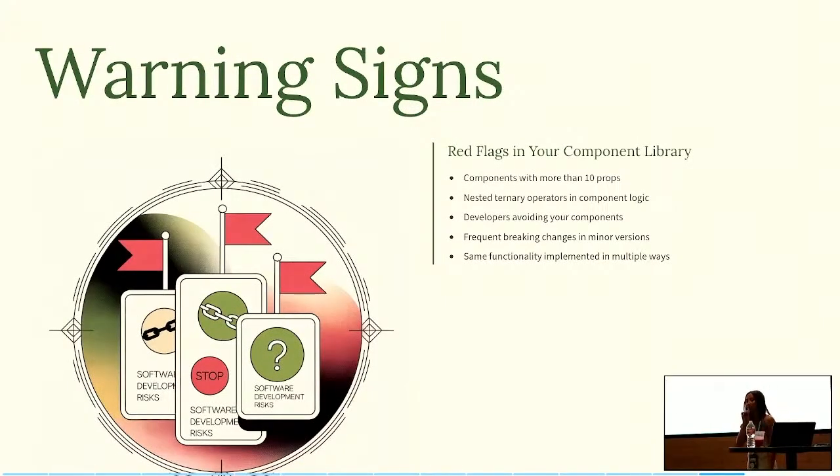And just some final warning signs. If you see these in your component library, these are red flags: components that have more than 10 props, nested ternary operators, developers avoiding using your components, breaking changes in minor versions. This is not good. And the same functionality being implemented multiple ways.